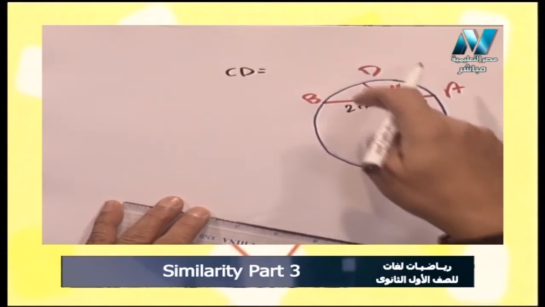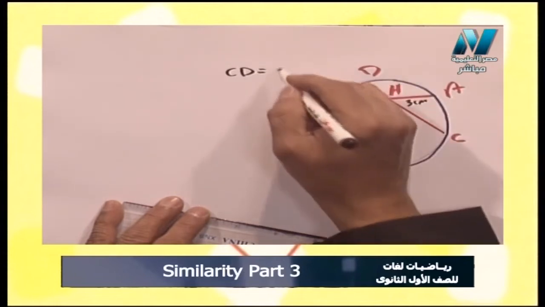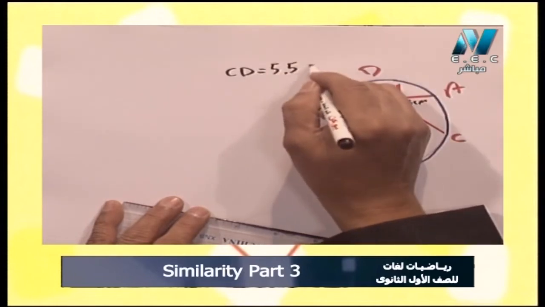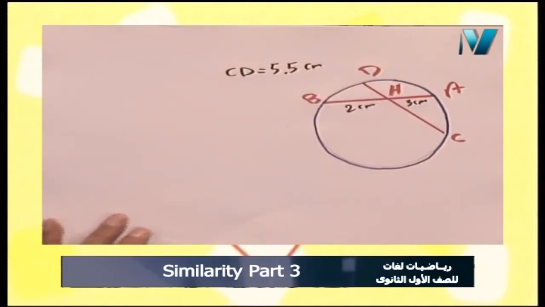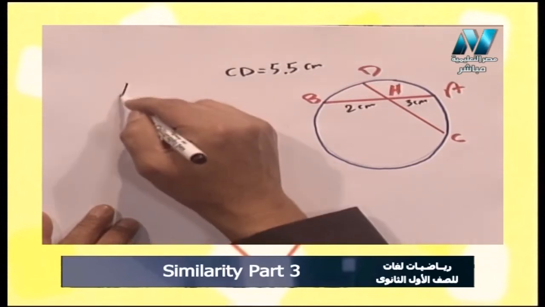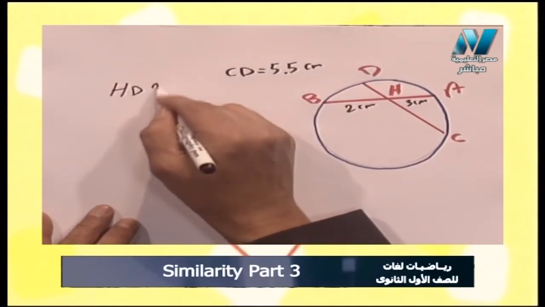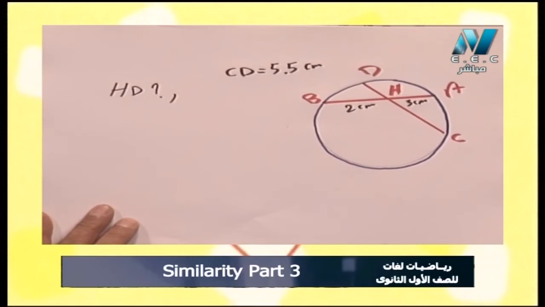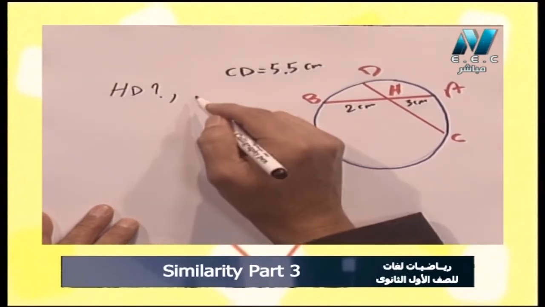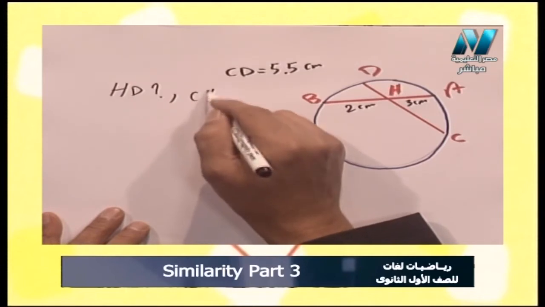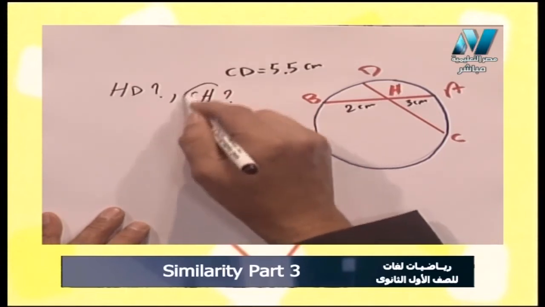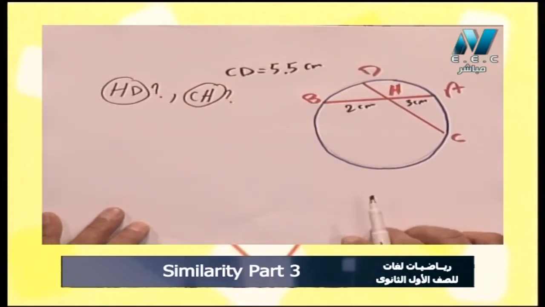CD, all of this part, equals 5.5 centimeters, and we would like to find the length of HD and the length of HC. We would like to find the lengths of the two sides.